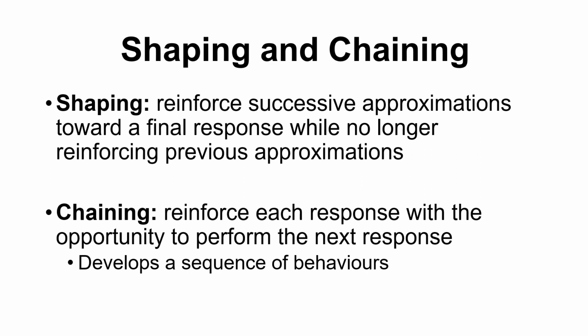So once they're doing something reliably, we stop reinforcing it and move on to the next approximation. So this would be an idea of, say, differential reinforcement, where we're reinforcing some actions but not others, and we're using it to shape their behavior, to get them to do that desired behavior that we want them to be doing, which is pressing a lever.